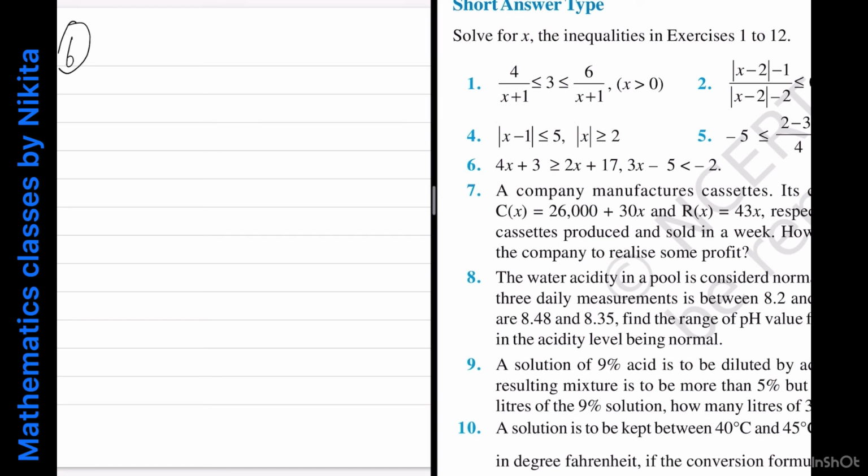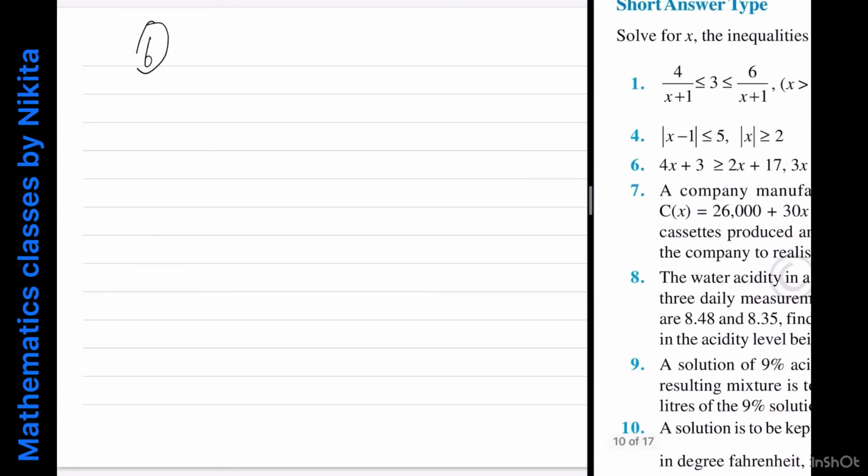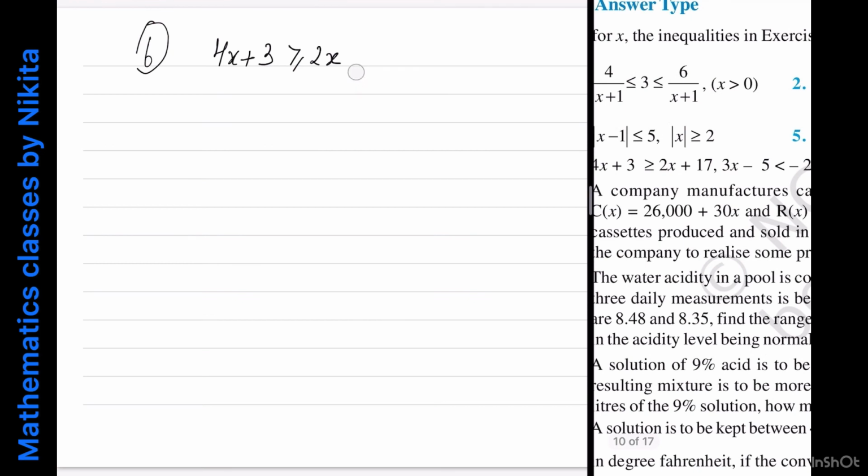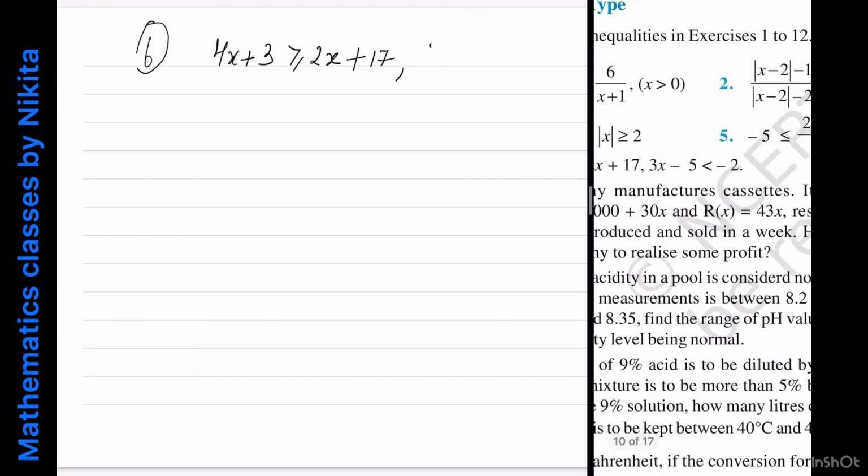So first let me write the inequalities. 4x plus 3 greater or equal to 2x plus 17, comma, 3x minus 5 less than minus 2. Now what is the meaning of this comma? This means and. This stands for and. So you have to find them simultaneously, meaning combining both, the common values of x will be the solution set.